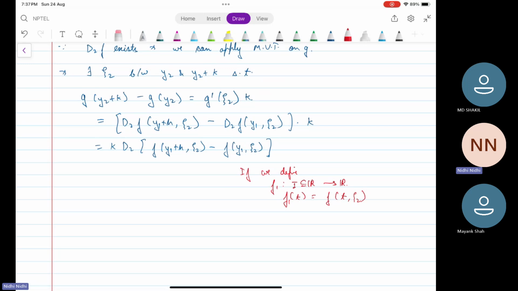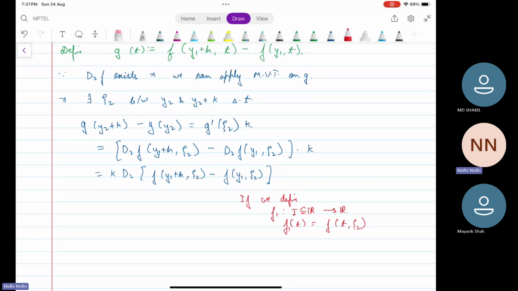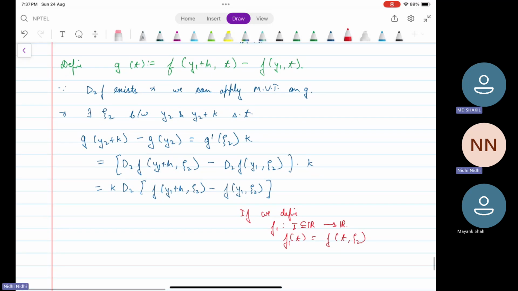This is not the second partial derivative; this is the partial derivative with respect to the second variable, because here we are differentiating with respect to the second variable.